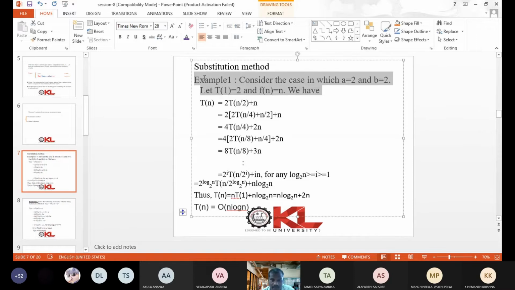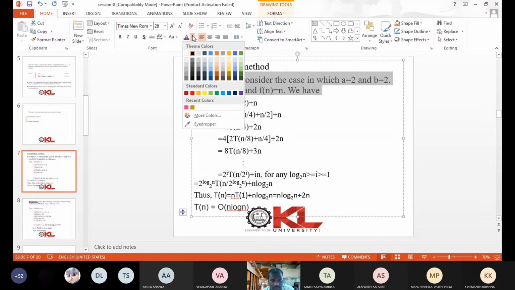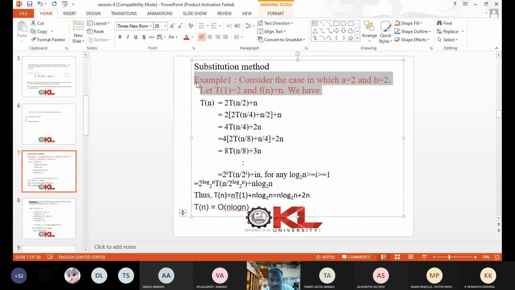Forget about the general statement at this moment. It is required when we are discussing Master's theorem. For solving this recursive equation by using the substitution method, it is not required. So just take T of n is 2T of n by 2 plus n.